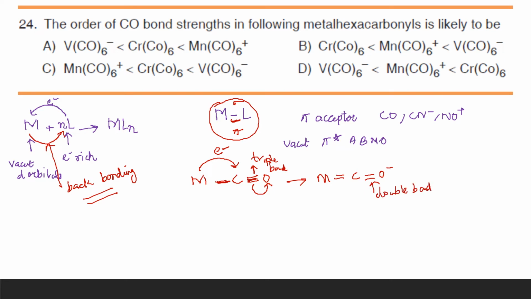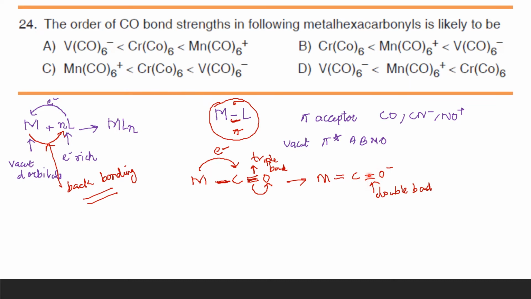So when you consider the bond strength in the case where there is no back bonding and there is back bonding, the bond strength is higher in the case of complexes where there is no back bonding. Okay, so two things are actually taking place. When back bonding is happening in a complex, the metal ligand bond strength is found to increase, but the CO's bond strength is found to decrease.